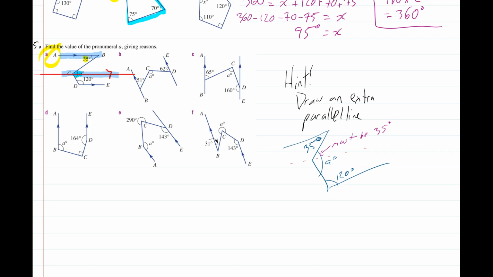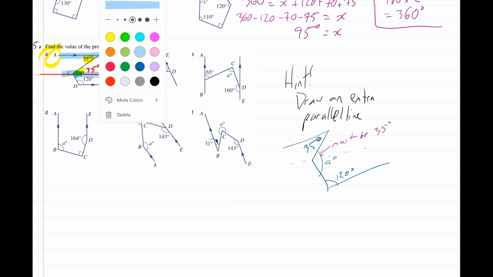And we've been given the 35 degrees. Well, I know that because of the alternate rule, the Z rule, this angle here, that part of the A, not all of the A, just the part that's above that parallel line, is going to be 35 degrees. Then let me go back to pink.